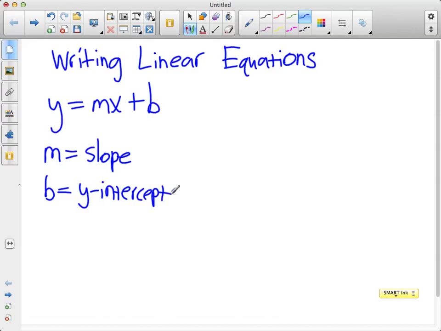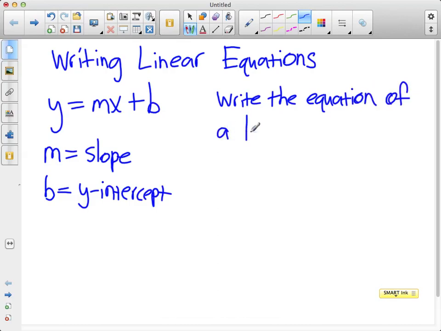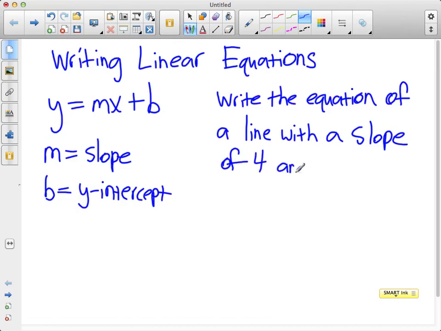So a really simple version of a problem like this would be: write the equation of a line with a slope of 4 and a y-intercept of -1/2.